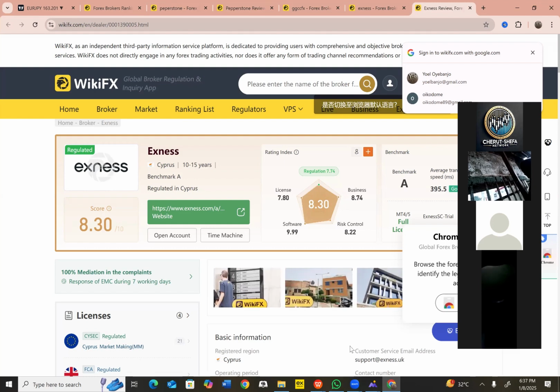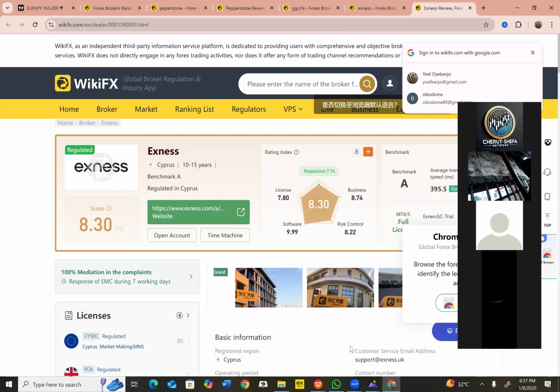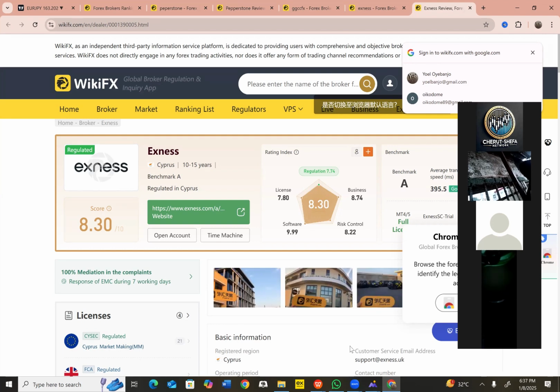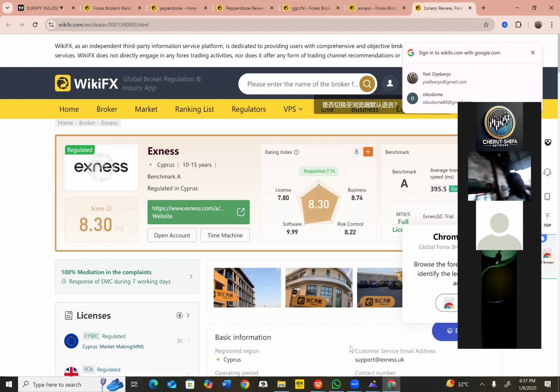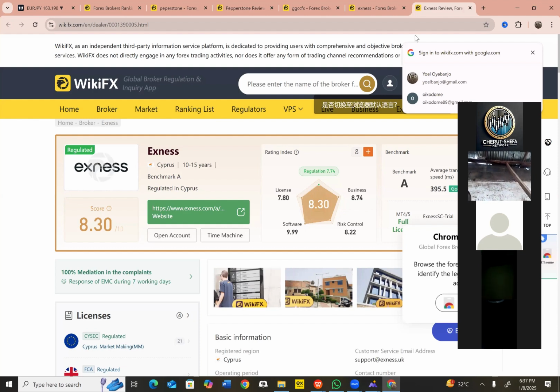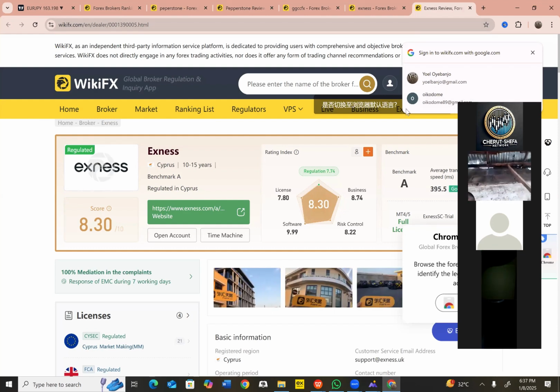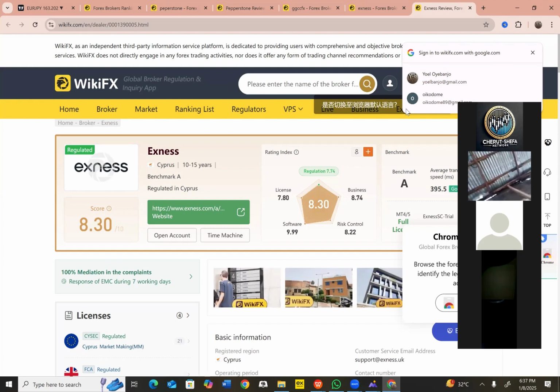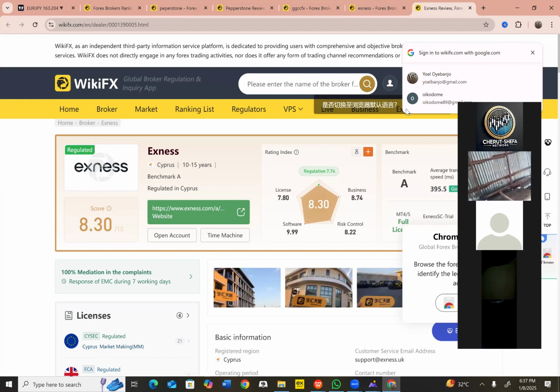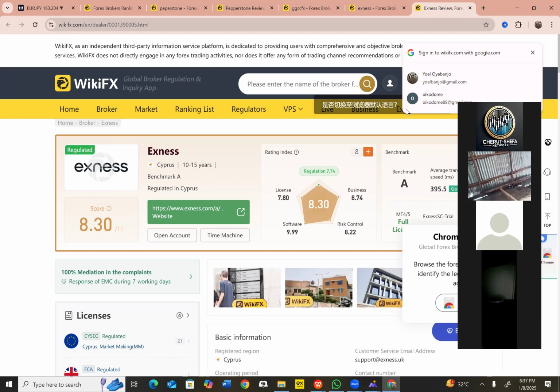You will see the link on how to open your Xness account. Just click on the link, and it will navigate you to how you can open your account, open the account, verify the account.